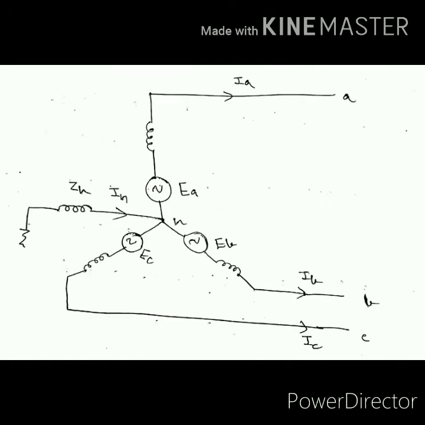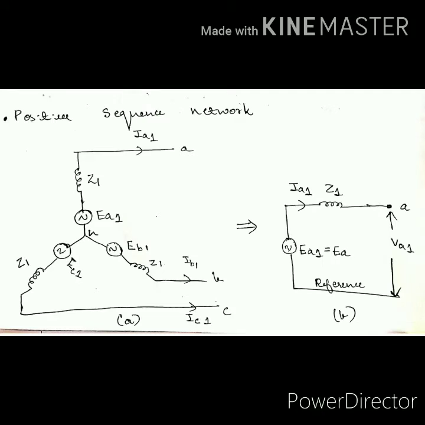Here the generator neutral is grounded through a reactor of impedance Zn. Now how to draw a positive sequence network for this generator? First of all, let us take the current, EMF and impedance with the suffix 1. Why with 1? To show it is positive sequence elements.